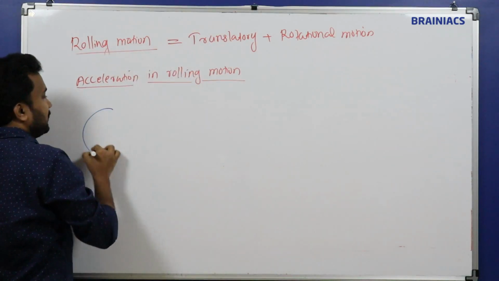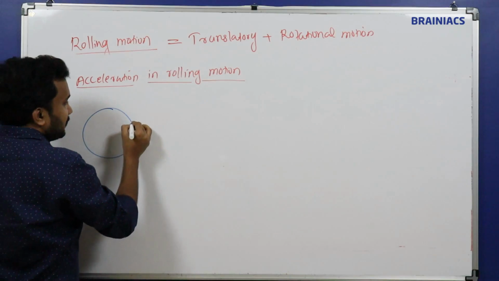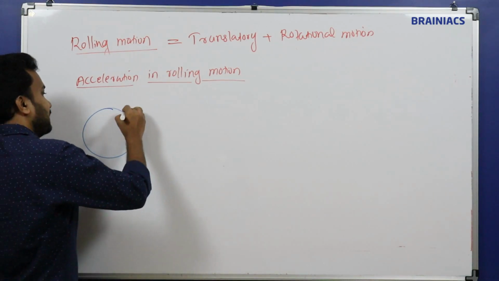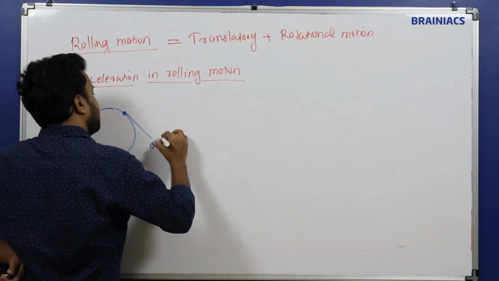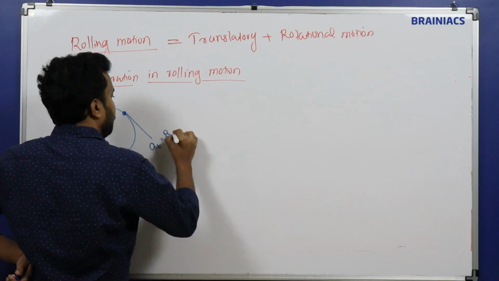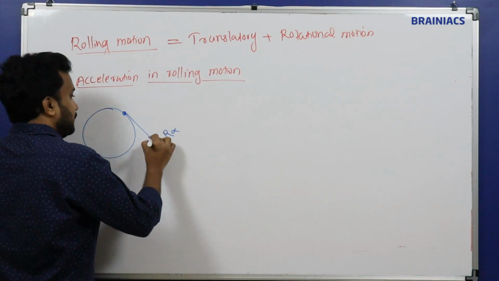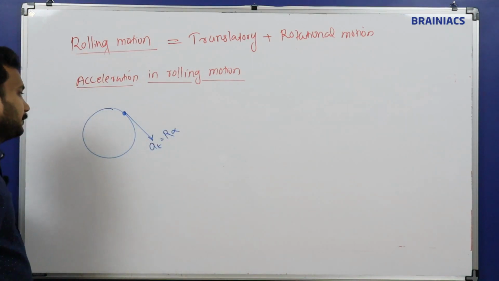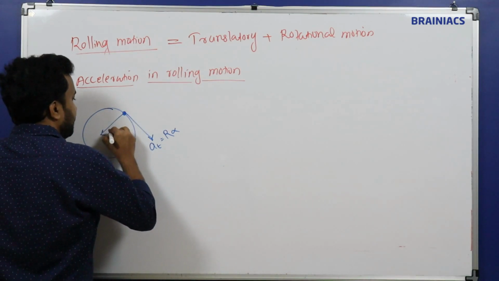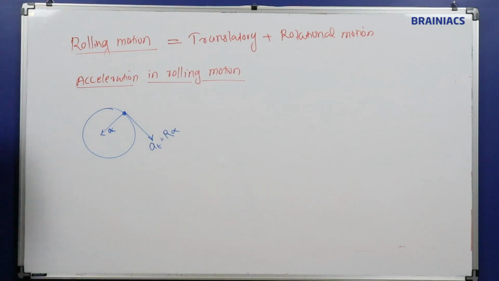There are three terms. Listen over here. Suppose the body is at this point. There is one acceleration which is called tangential acceleration. At is equal to r alpha. R alpha we already learned. Then we have centripetal acceleration, AC.